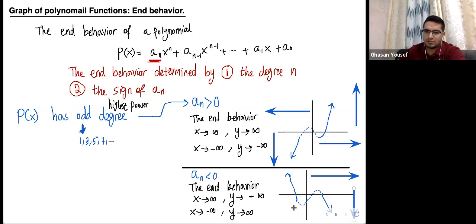And when x goes to minus infinity like this, the y value becomes large because the curve goes up. Is it clear? If you don't understand, I can explain it more.